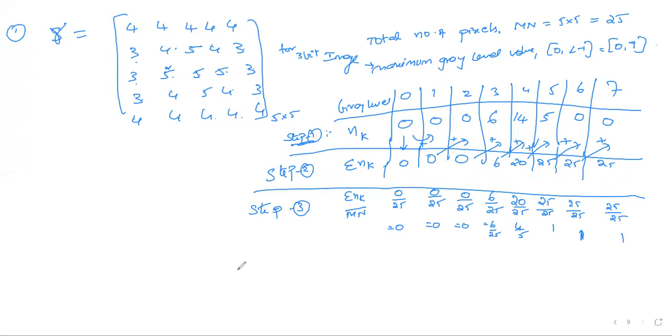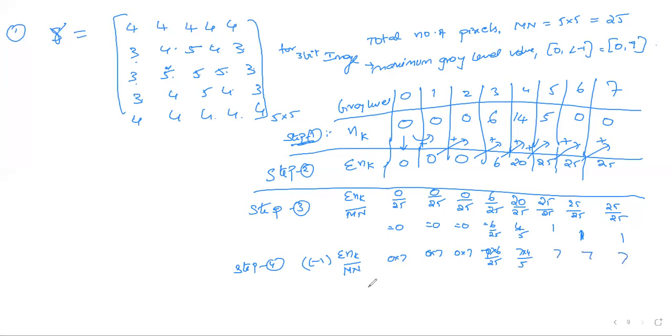Next, step 4. Multiply with L minus 1, that is (L minus 1) into sigma nk by mn. So 0 into 7, 0 into 7, 0 into 7, 7 into 6 by 25, 7 into 4 by 5, 7 into 1 just 7, 7, 7.